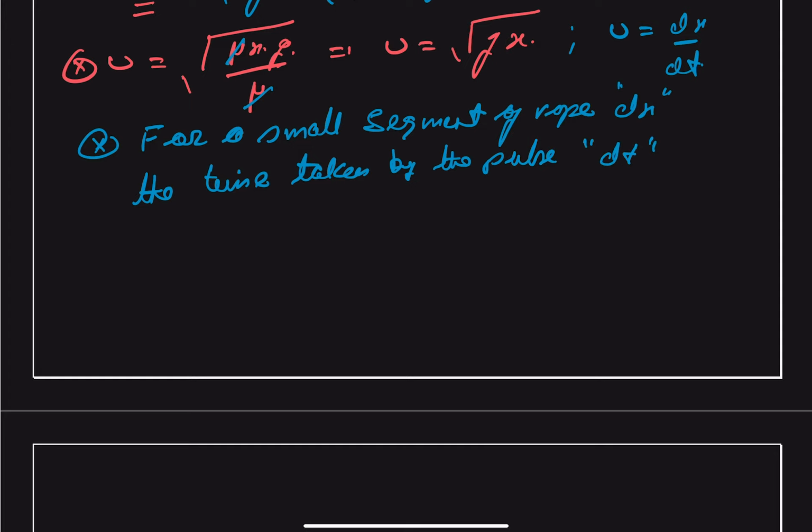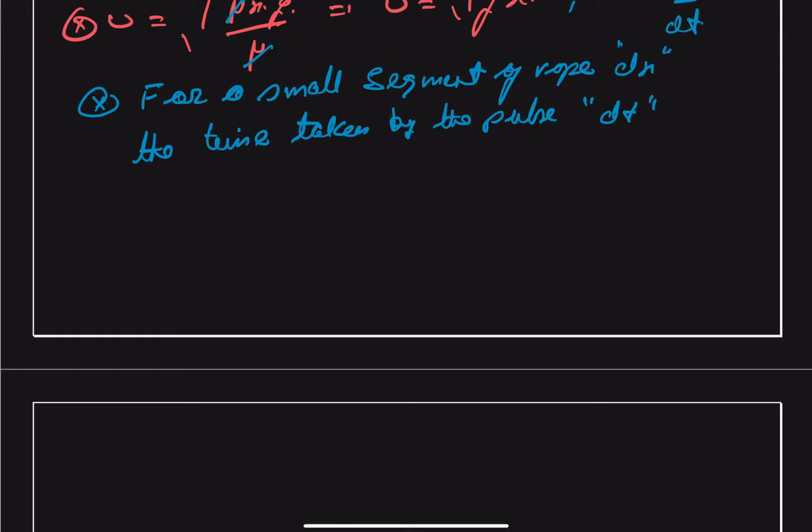So we can write that dt will be equal to dx divided by v, because v is dx by dt, and we substitute the value of v. v is square root of gx, and this comes with dx.